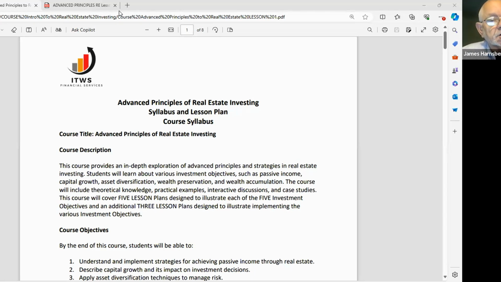Each lesson will have anywhere from 1 to 3 exercises, and we have 1 exercise for today in the first lesson. So the course has 8 lessons, and each lesson will have 1 to 3 exercises.